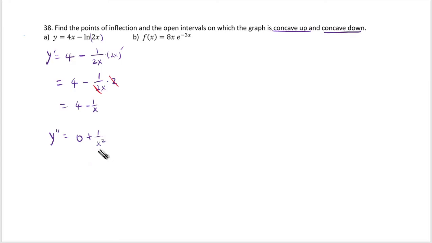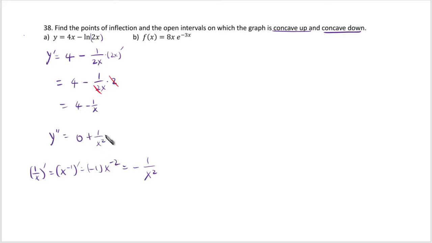Okay, you can get this result just by using the power rule. 1 over x prime is x to the negative 1 prime, which gives you negative 1 times x to the minus 2. You subtract 1 off of negative 1, that's that. Okay, and negative 2 power means 1 over x squared. So that's the derivative of 1 over x.